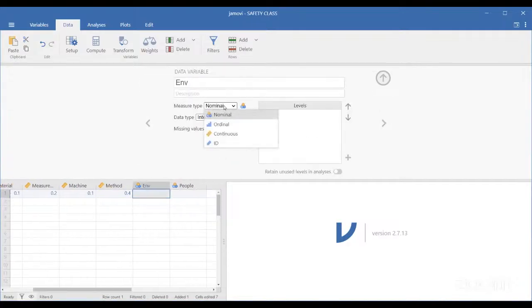Environment, 0.05, or yeah, 0.1. People is 0.2.